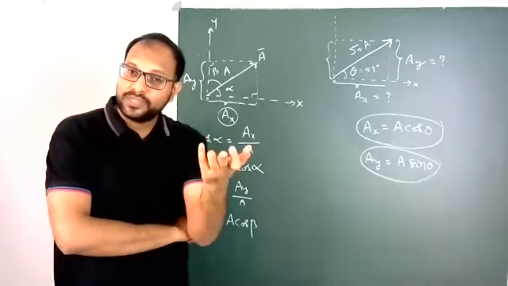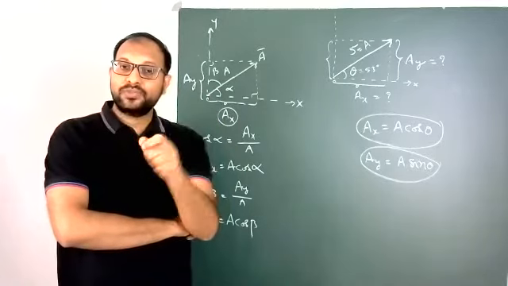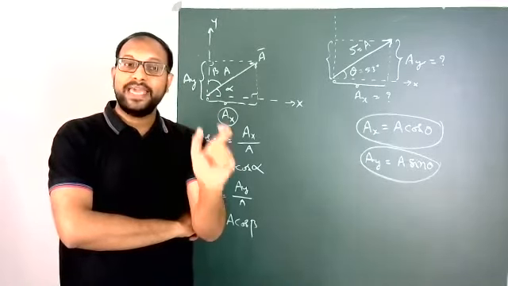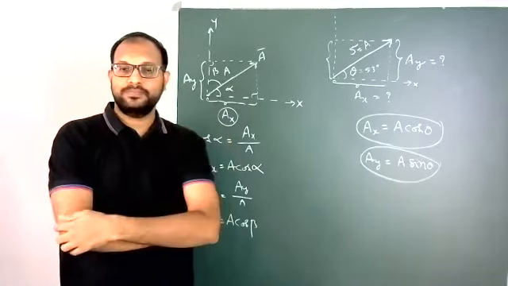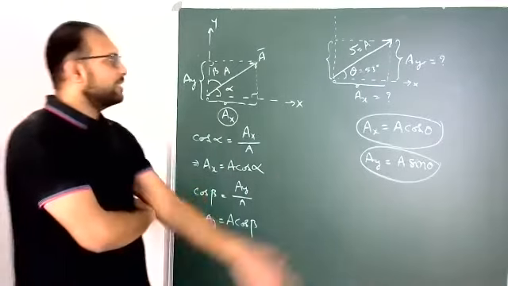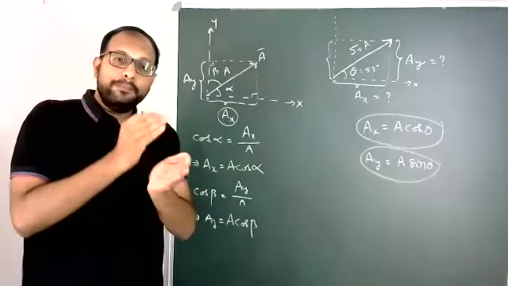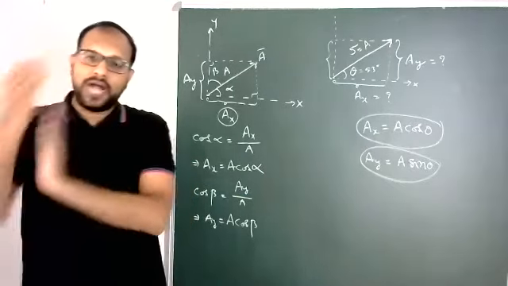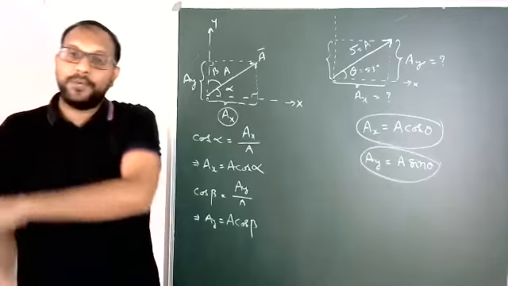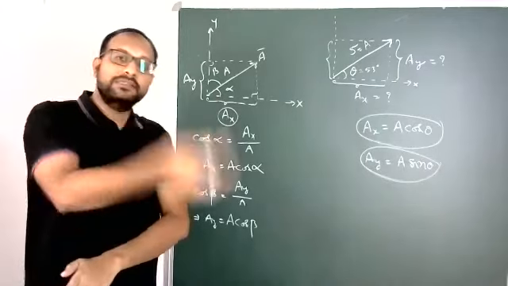Suppose z is also there, then under root Ax square plus Ay square plus Az square. Right? So this is now complete: from magnitude and angles to components, and from components to magnitude and direction.